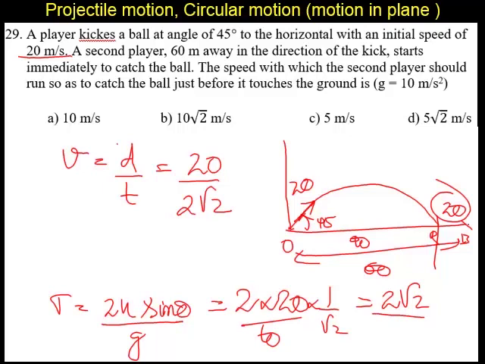So it is 10 by root 2, or we can write this as 5 root 2. So the answer is 5 root 2. So the answer is D, 5 root 2.